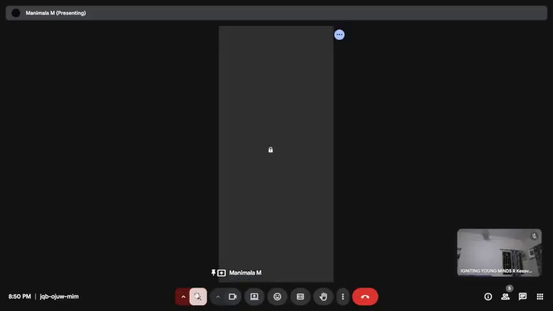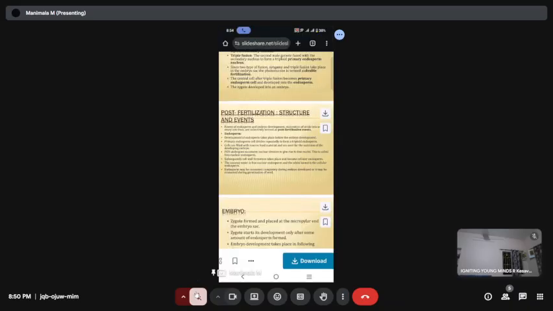Ma'am, it's the interaction between the pollen grain and the stigma. How does the interaction take place? What do you mean by compatibility, incompatibility? Ma'am, the stigma only accepts the pollen grains from the same plant species.